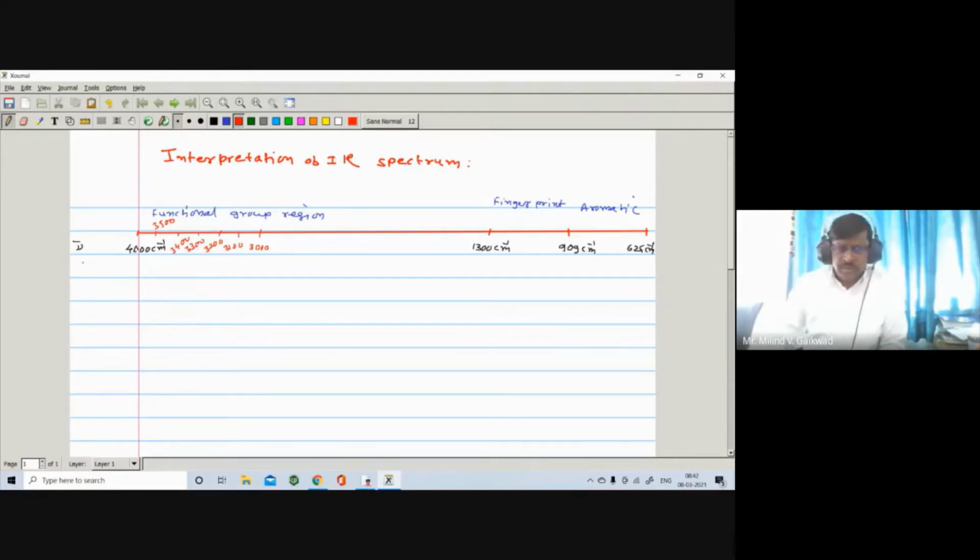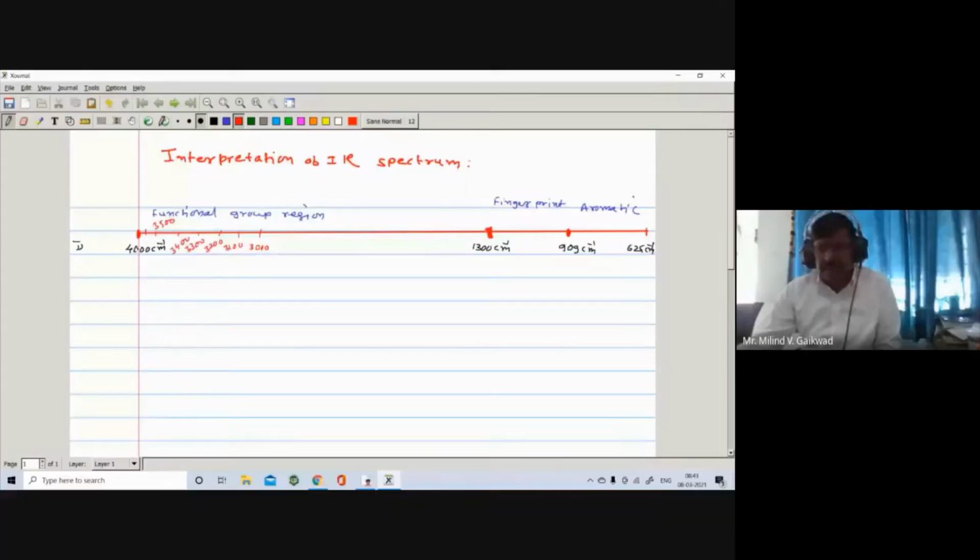So we can also write other data. What we have done is divided this IR region into three parts. One is called the functional group region, and the fingerprint region is 1300 to 909.